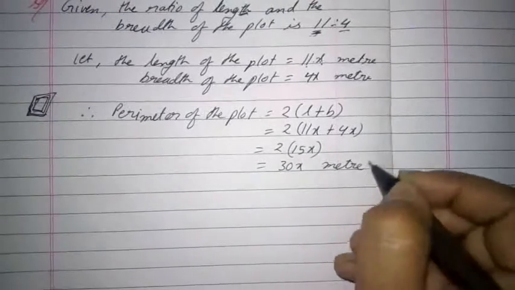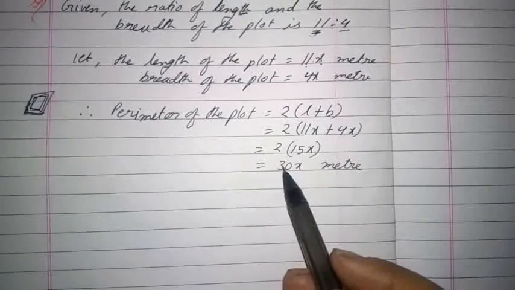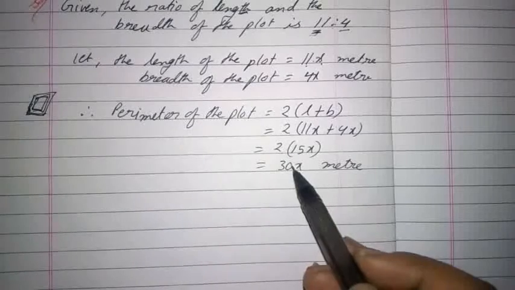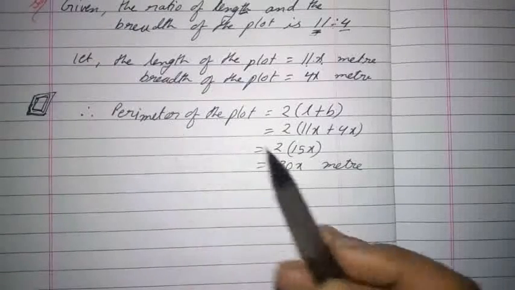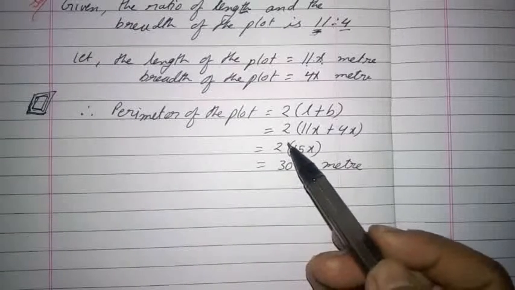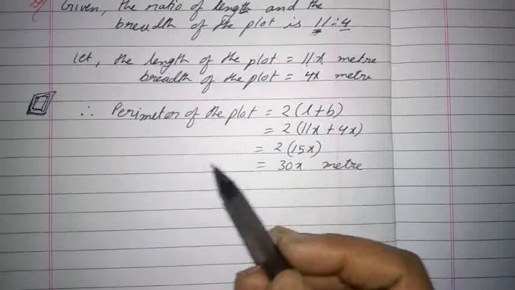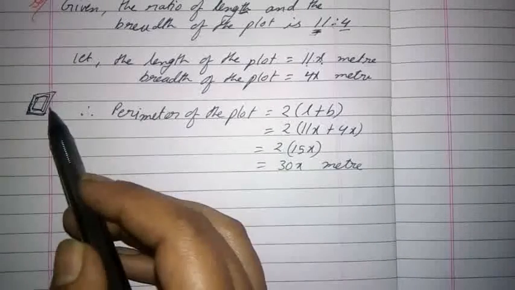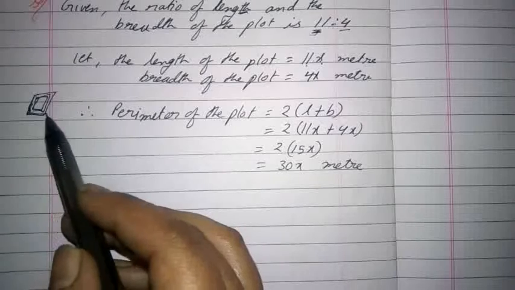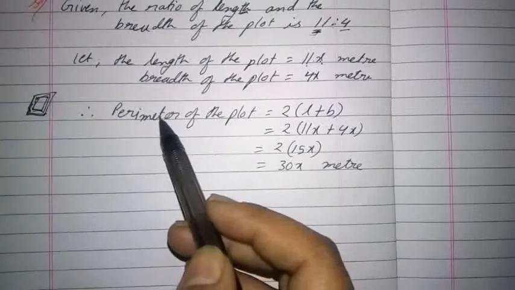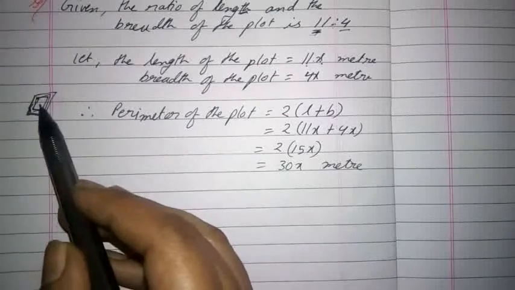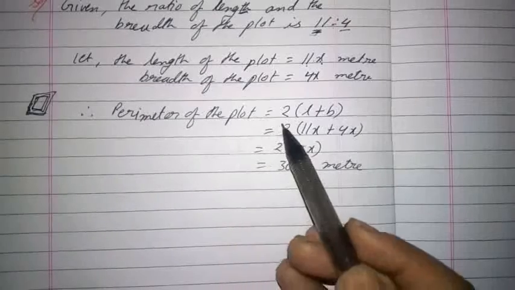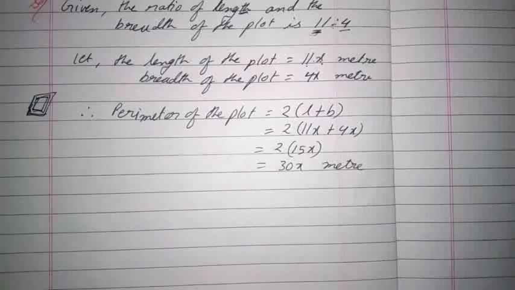So the perimeter of the plot is 30x meter. Why do we find this perimeter? Because it is given that for fencing that plot the panchayat paid rupees 75,000. So whenever it is fencing, it means we have to use the formula of perimeter, and it is a rectangular plot, that's why perimeter of rectangle, which is 2 times (length plus breadth).